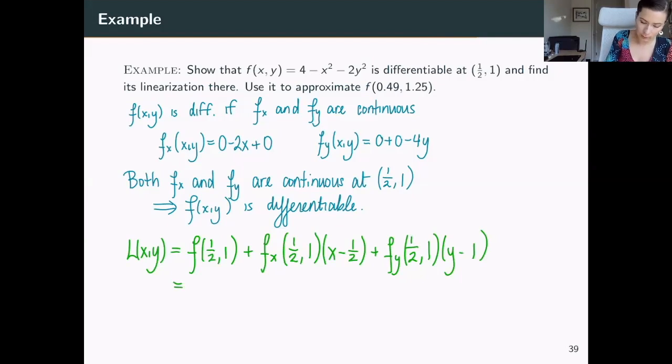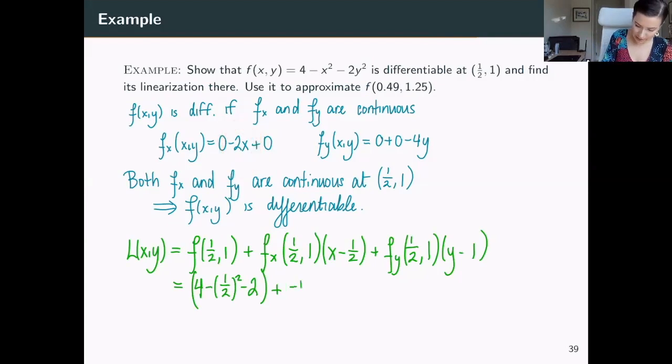So here I'll get 4 minus 1/2 squared minus 2, so there's me evaluating the surface. And then for my fx at 1/2, this will just give me a -1.